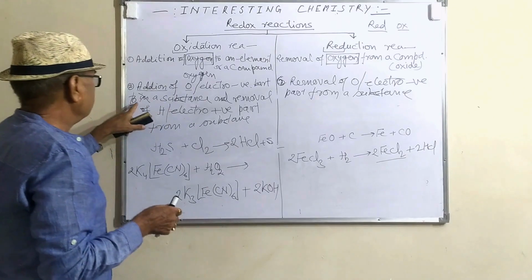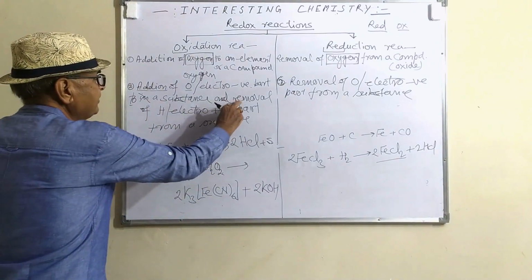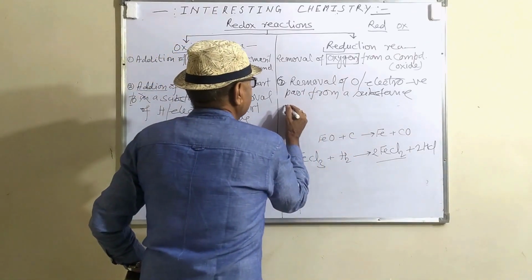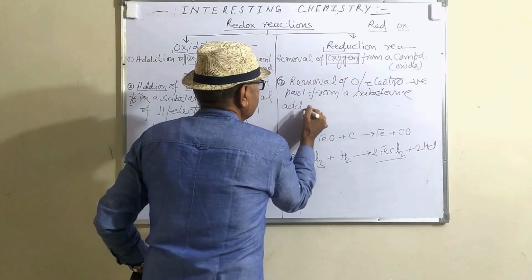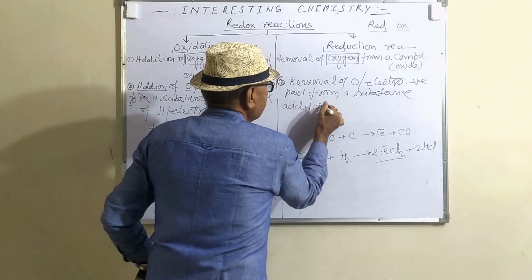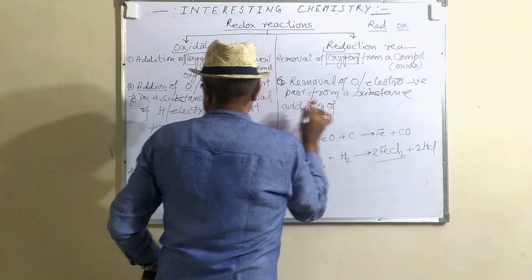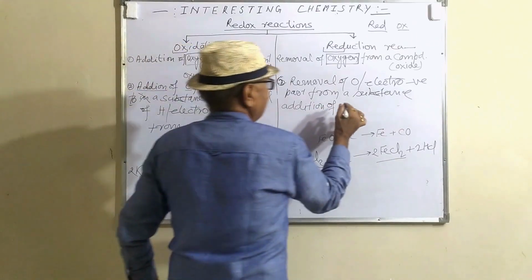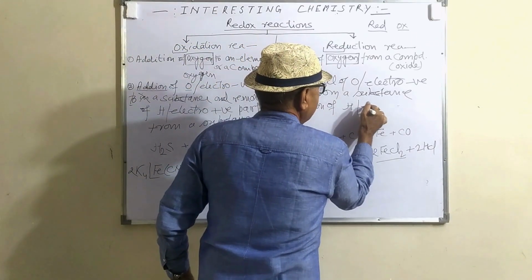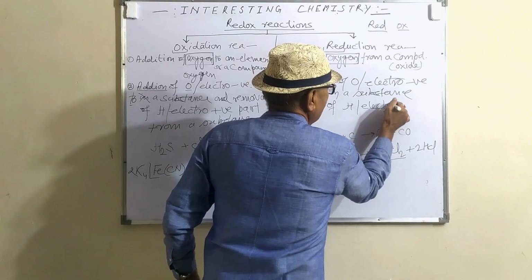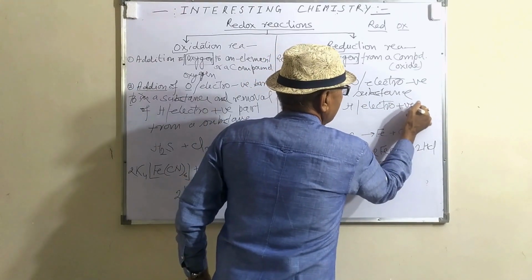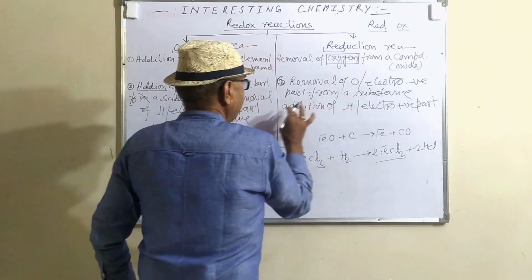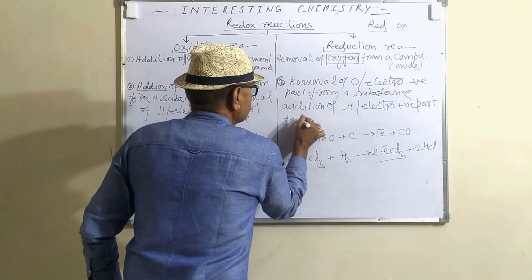And again, to complete, here I have written the removal of hydrogen. So you will write here addition of hydrogen and electropositive part to a substance.